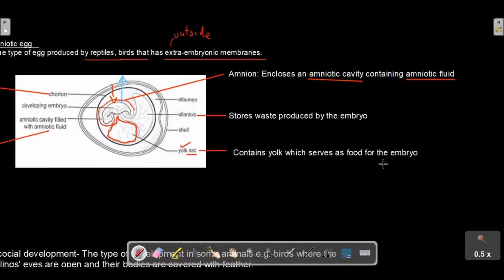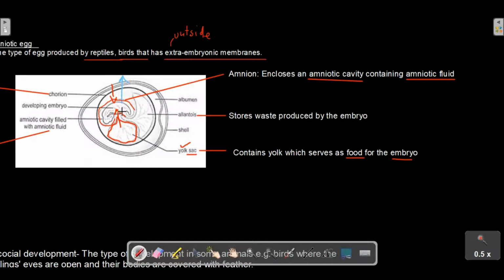Yolk basically is food for the embryo. It has all the necessary nutrients that the embryo requires to develop into a fully developed organism. So the yolk sac has yolk that provides nutrients to the embryo. That's the function of the yolk sac.